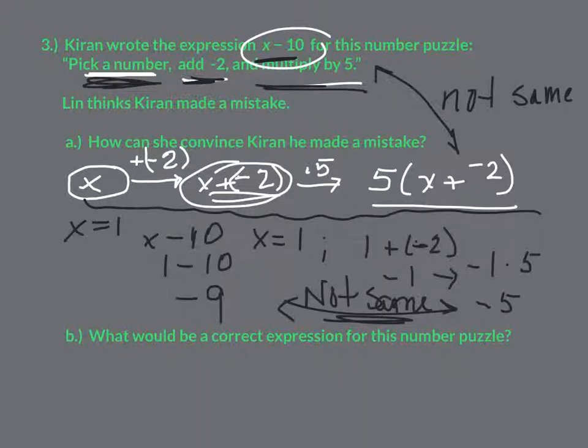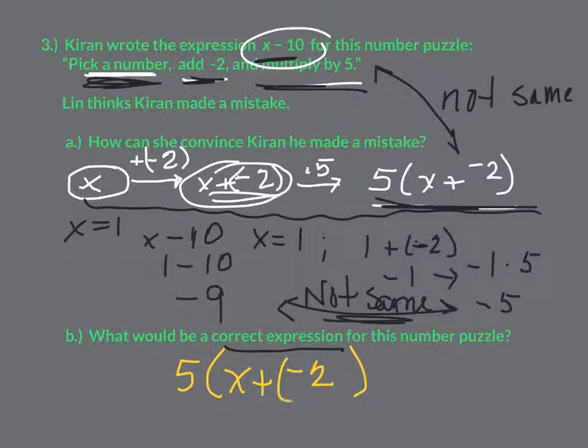And now, because we used the flowchart, we already have the correct expression for this number puzzle, and it's right here. So the correct expression for this number puzzle would be 5 times the quantity of x plus negative 2. And some of you probably put that negative 2 in parentheses, and that's okay because you can have two sets of parentheses. And there you go.